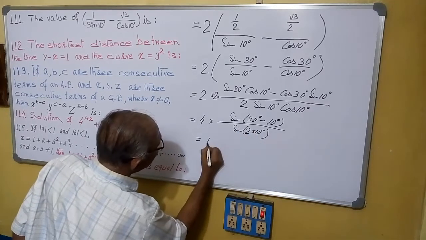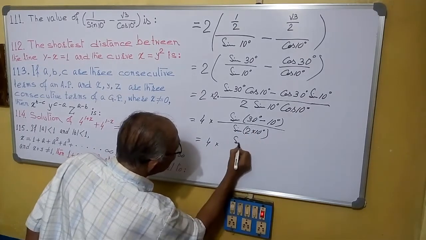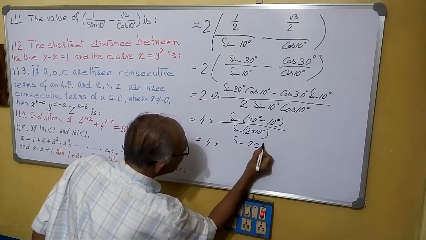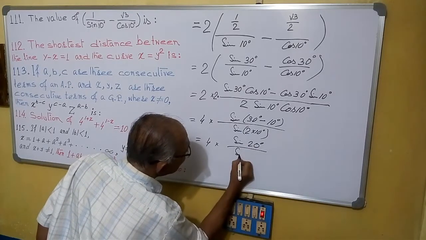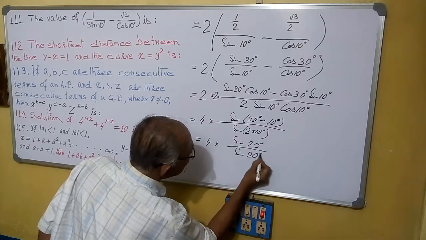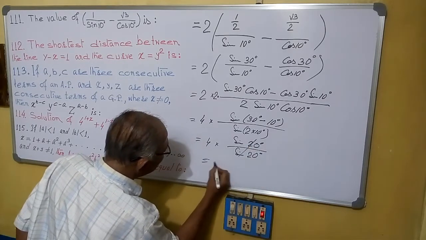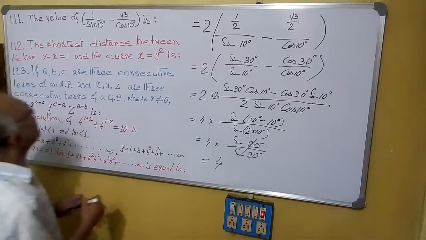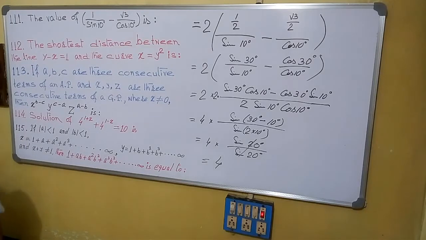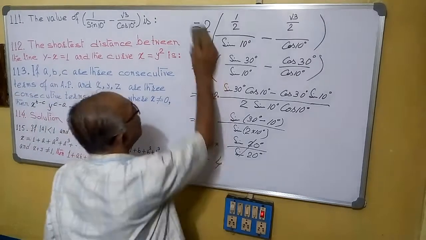This is equals to 4 into sin 20 by sin 20. So this is cutting, so equals to 4. Hence, the answer of this sum will be 4.